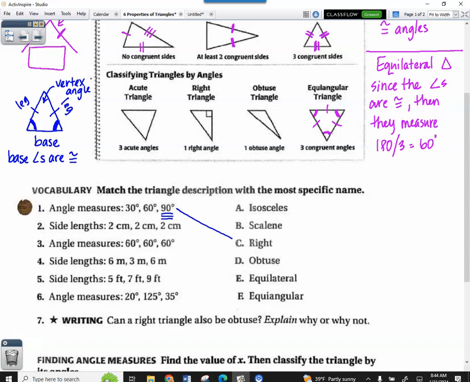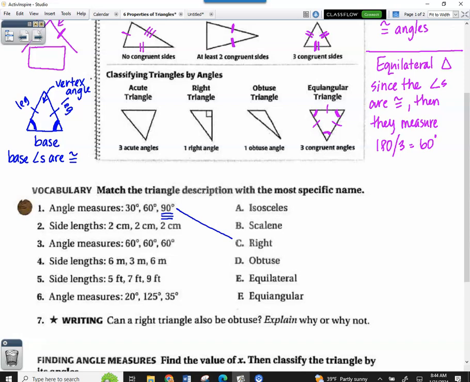Scaling is also correct because if it's 30, 60, 90, then are any of the sides going to match? No, the angles indicate how many sides match, okay? None of the angles match, so none of the sides match. So you could say scaling as well.